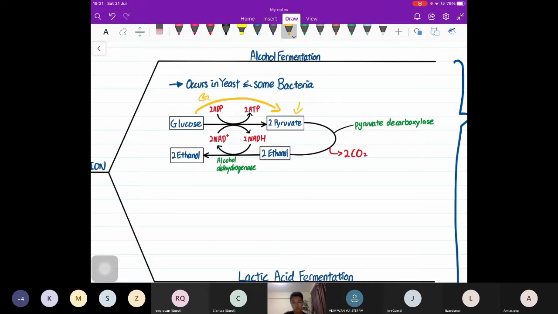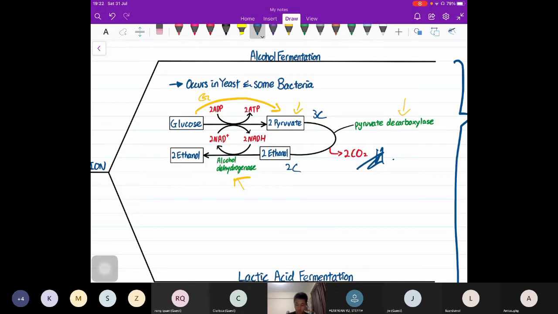Okay, so net 2 ATP, and after glycolysis occurs, pyruvate decarboxylase, the enzyme, is involved. All the enzymes are labeled in green. It converts your 2 times pyruvate to 2 times ethanal, and because pyruvate is a 3 carbon compound and ethanal is a 2 carbon compound, you have to lose carbons, and the only way carbons are lost in respiration is via CO2.